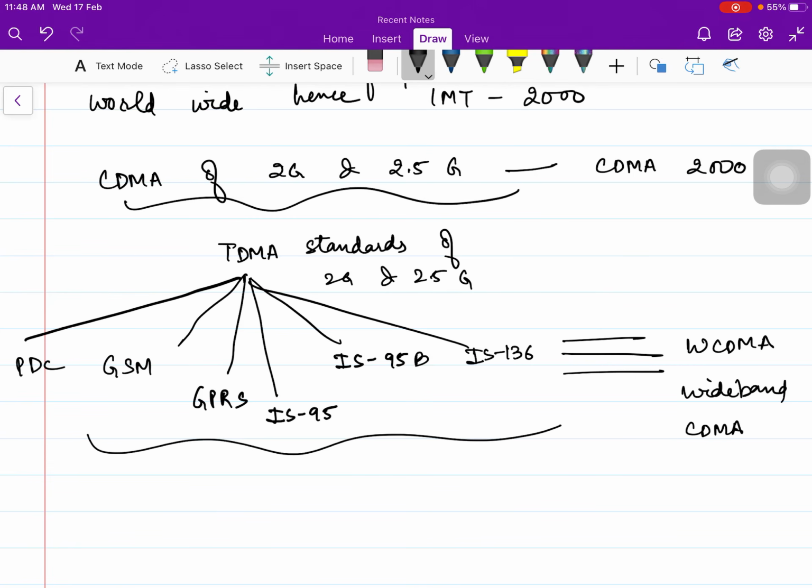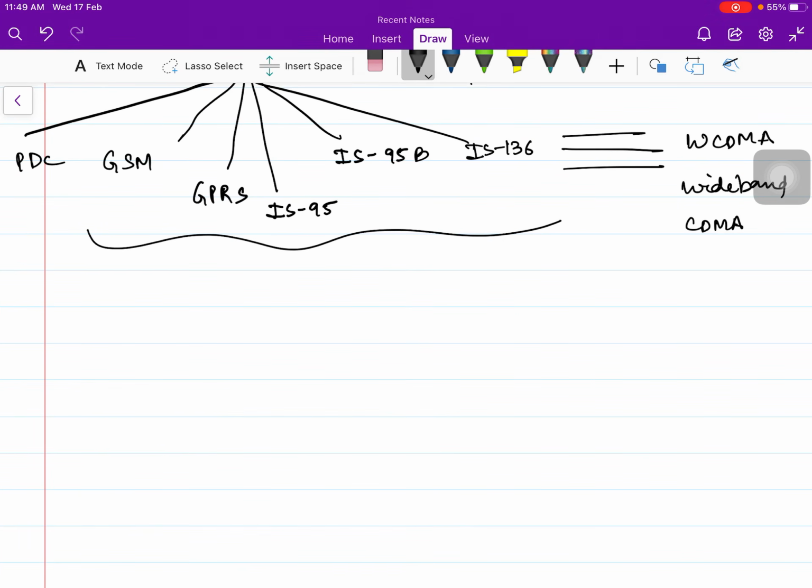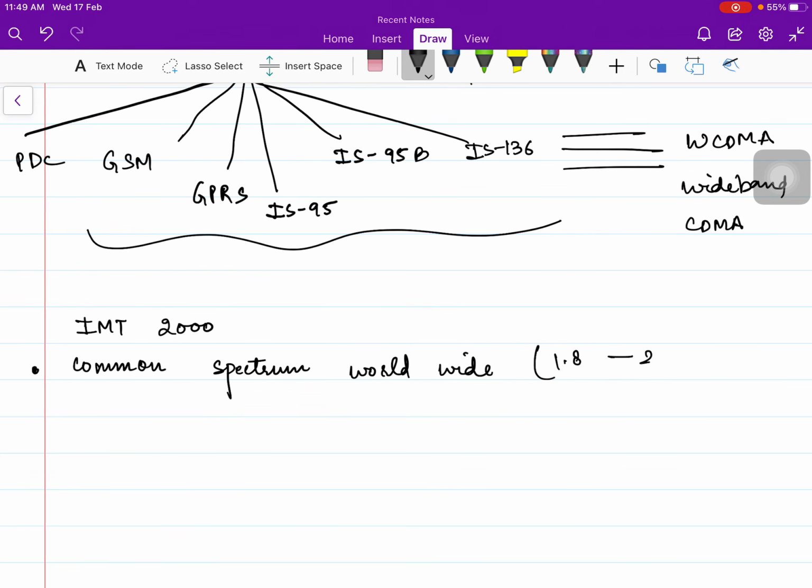Now what was the vision of IMT 2000? As you have seen, the International Telecommunication Union gave a common standard, that was IMT 2000. So what were the IMT 2000 features? First of all, a common spectrum worldwide was available now, ranging from 1.8 gigahertz to 2.2 gigahertz. And there is a wide range of telecommunication services.